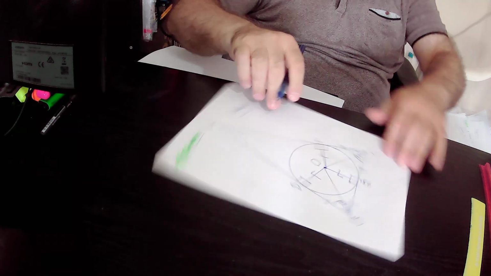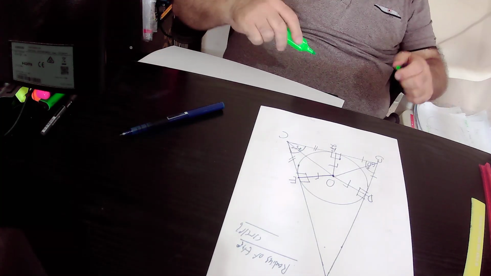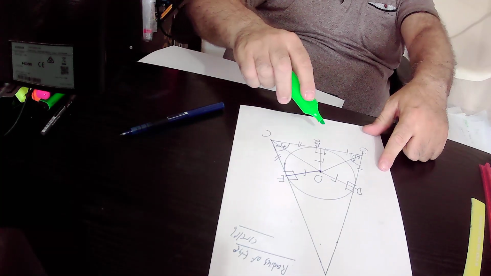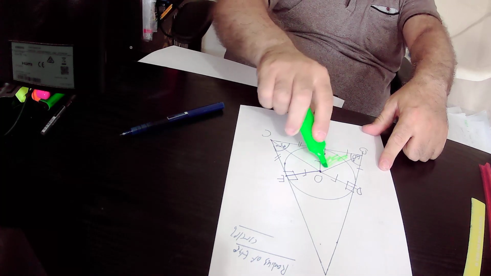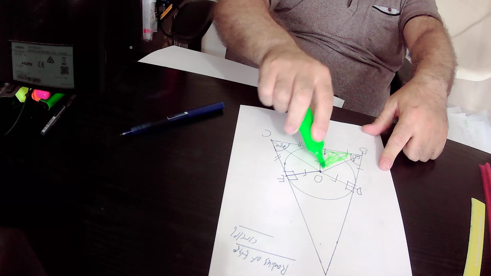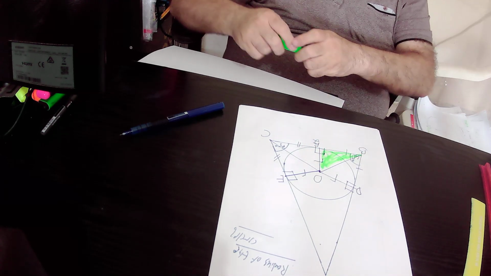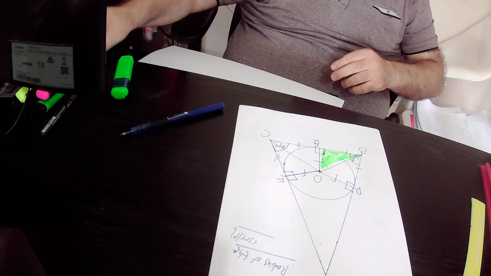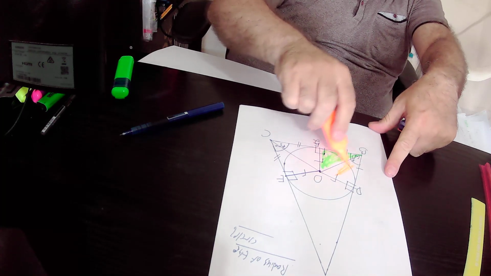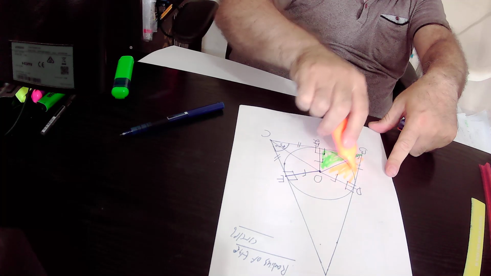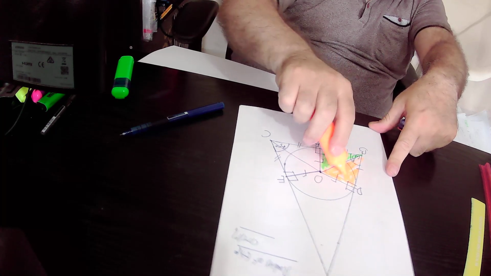So in the next step, we will prove that the green triangle BOF is congruent to the orange triangle DOB. So I write it down.